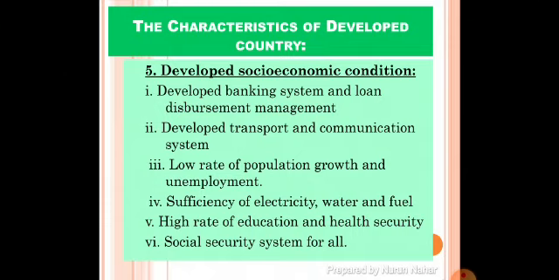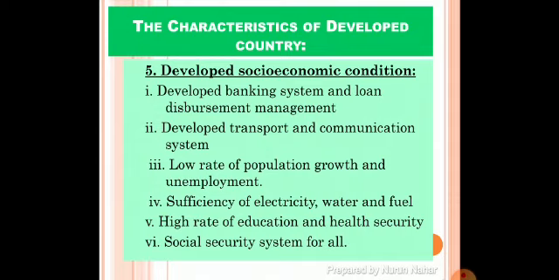The fifth characteristic is developed socio-economic condition. Developed countries are ensuring banking system and loan disbursement management. That is, in these countries they have a rich banking system so that the people can form capital and also can invest more by collecting enough loans from the banks with a high rate of interest.